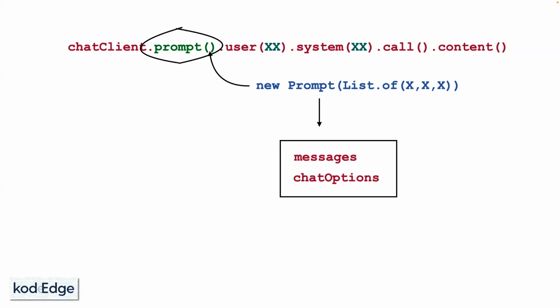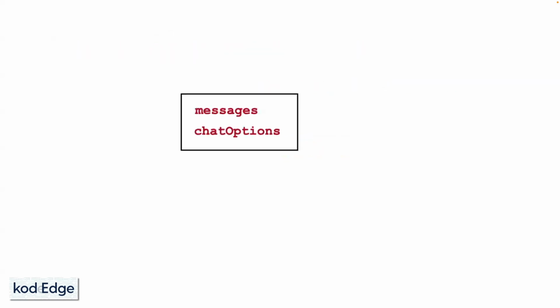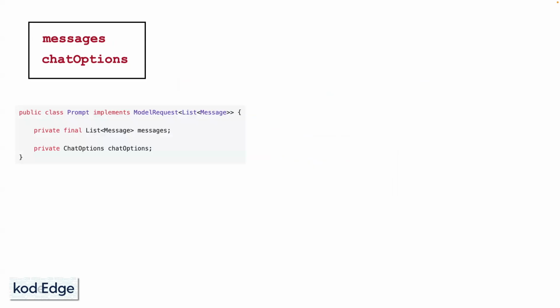This Prompt class brings everything together, message, context, and model configuration, allowing you to manage AI conversation in a more organized way. It contains two parts: a list of messages that defines the role and content of the conversation, and the ChatOptions object that specifies model-level options like temperature, token limits, etc.